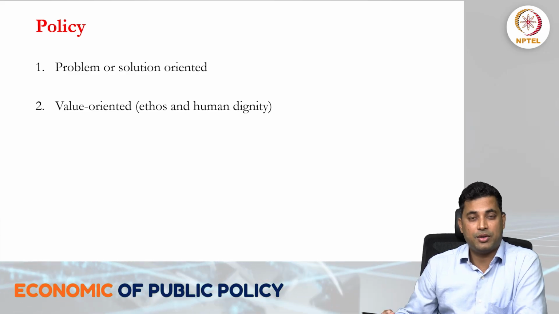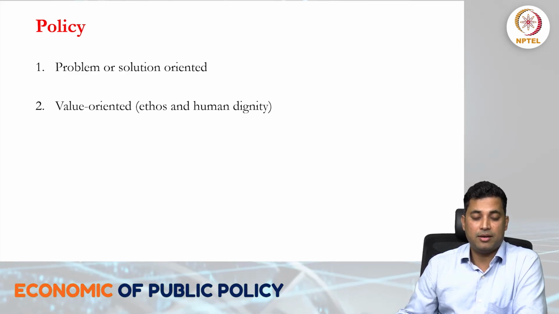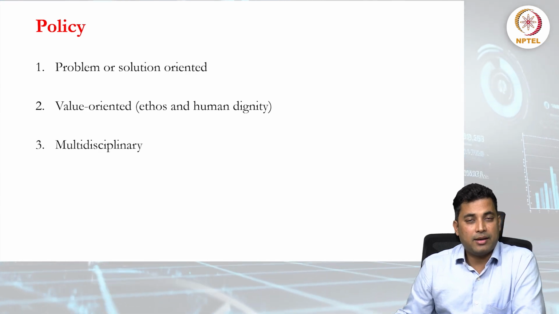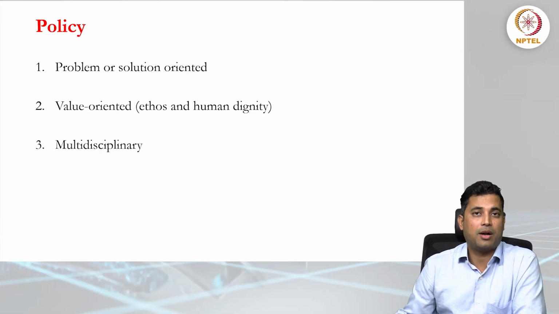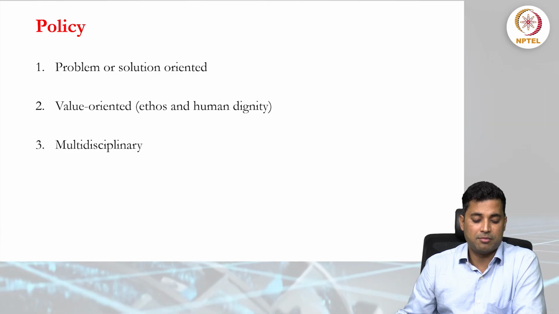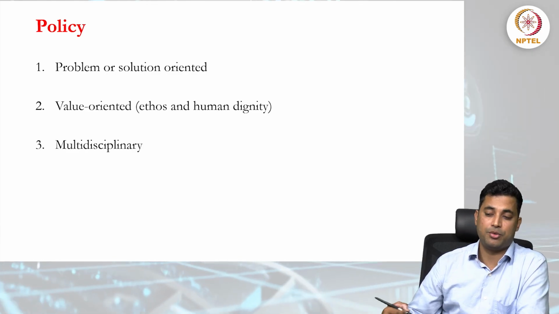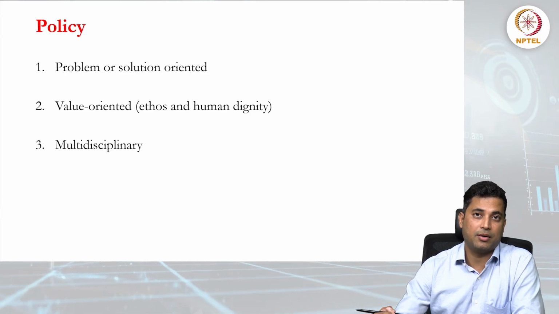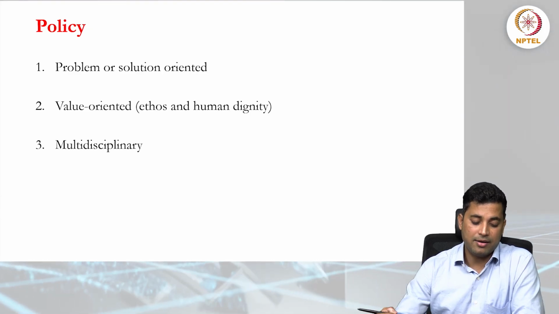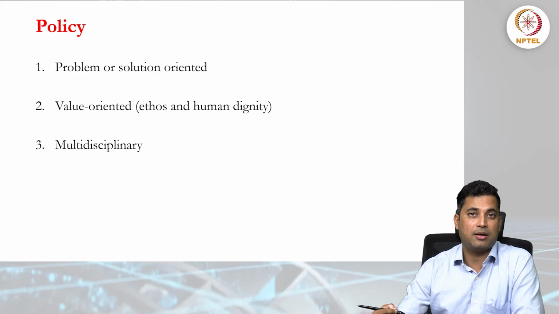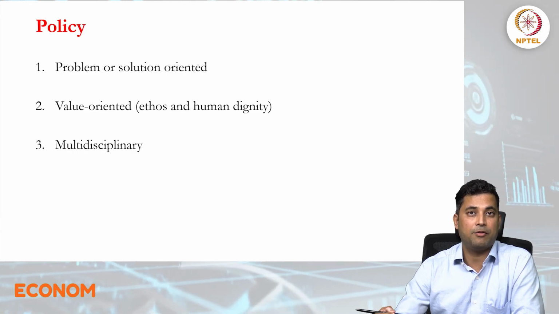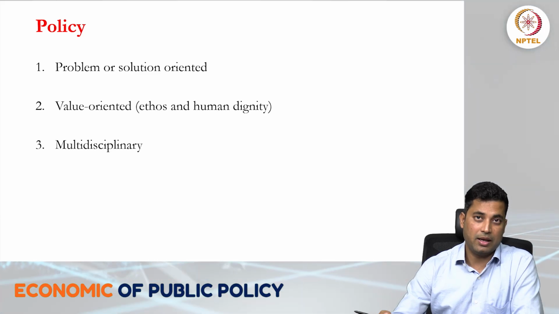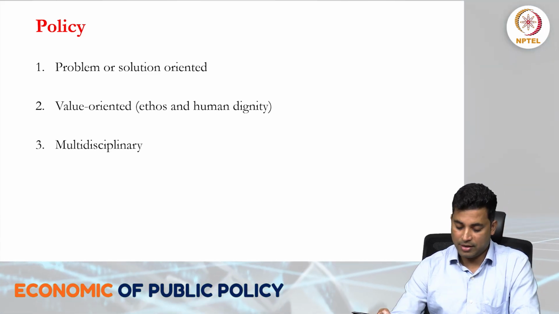I'll come to the point on human dignity later in my lecture. It is very difficult to understand from one single disciplinary angle, so it is multidisciplinary. We'll also try to justify which disciplines we have taken, and how the economics discipline is particularly helpful to identify problems and issues in policy formulation and so on.